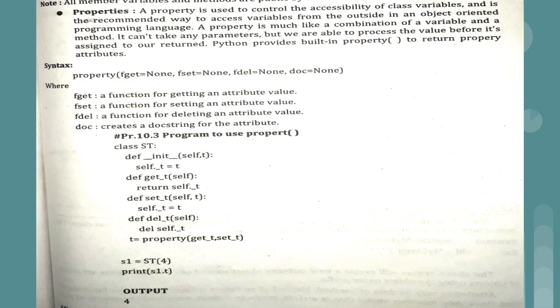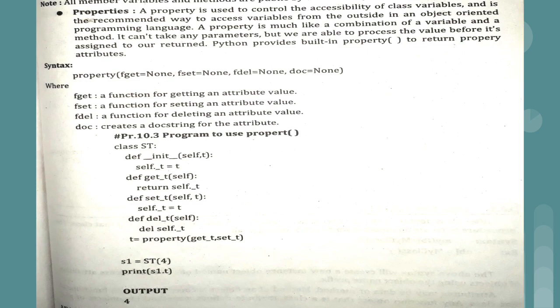Okay, then we are here now. I have created one method, like they have given get and set methods. So like that I have created one method, that is get_t, with the help of which I will take the t variable value. So the get method will return self._t. Similarly, I have one more method to assign the value, to store the value inside the t variable.